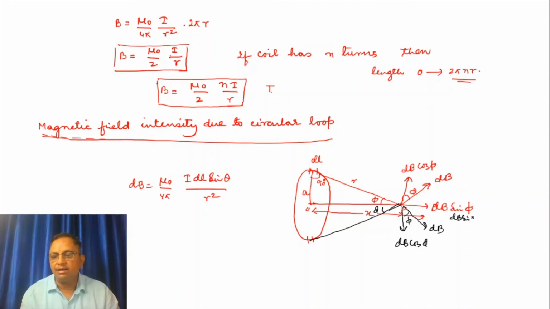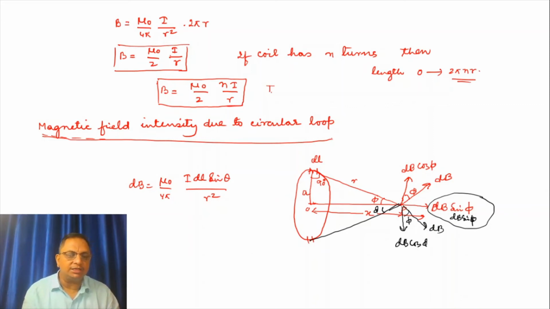If we consider a 3-dimensional figure, you will find the dB cos phi components cancel out, and only the resultant due to dB sin phi remains.